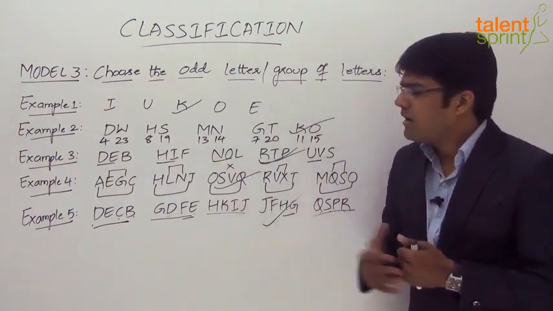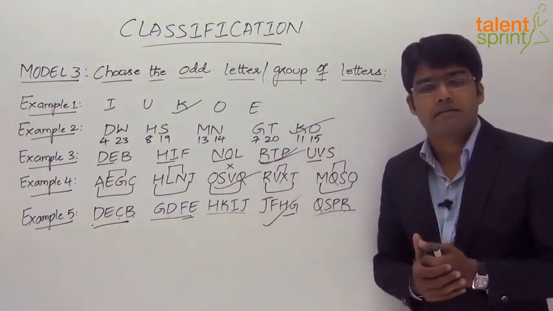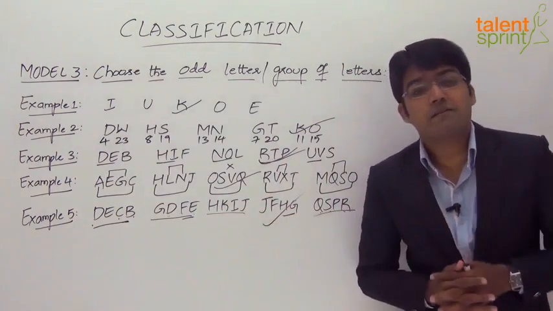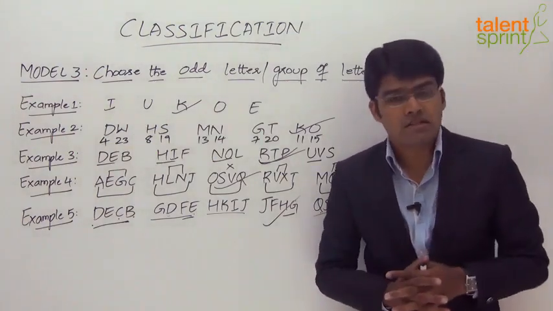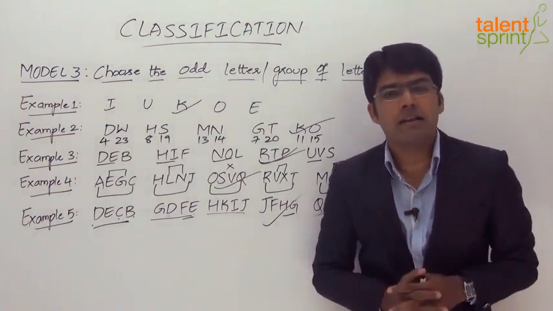Except in a few cases like example 5. So when it comes to the classification of letters or groups of letters, keep in mind that mostly the logic is based on the positions.